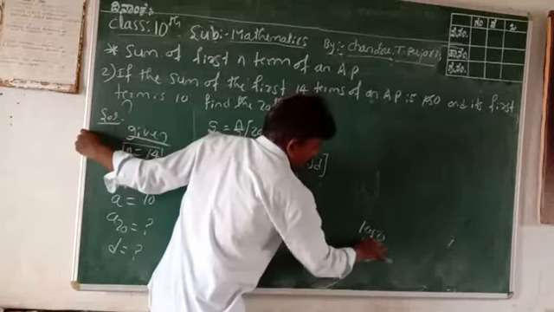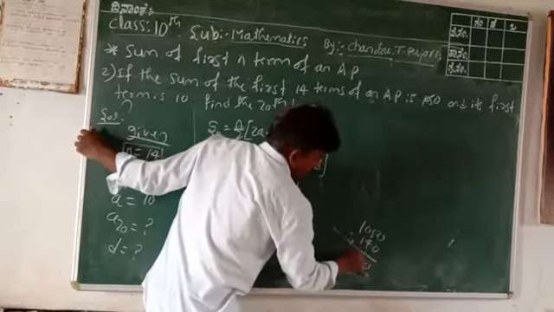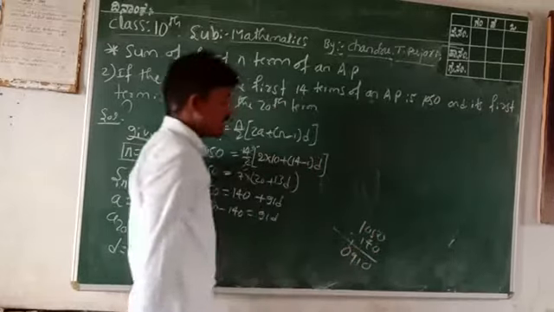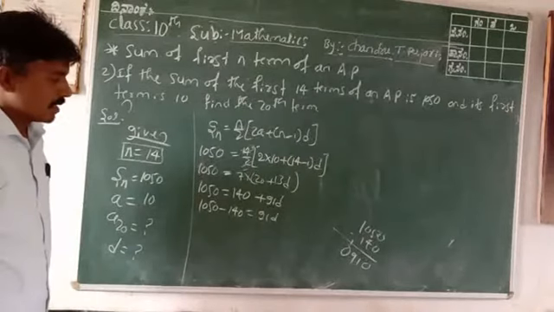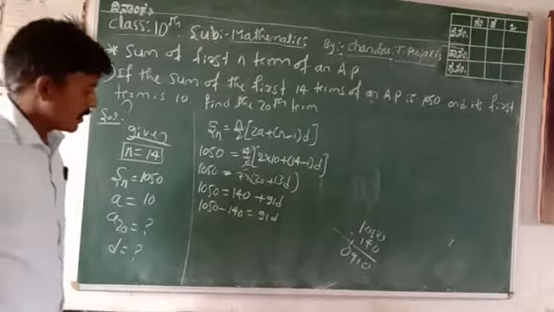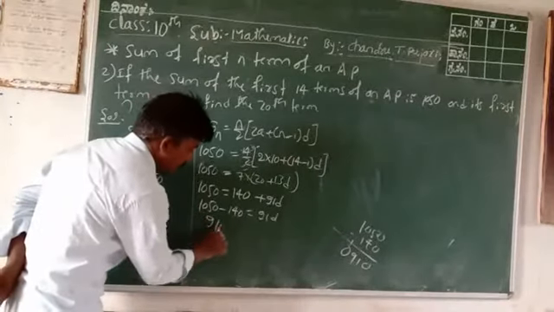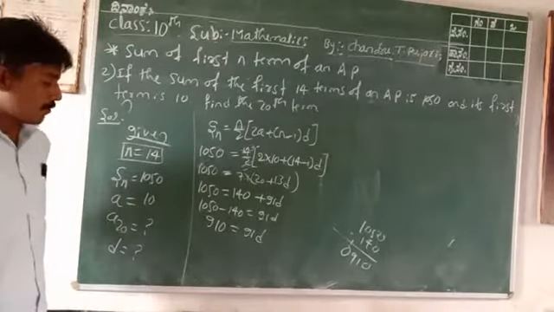1050 minus 140 is equal to 910. The answer is 910, which is equal to 91 times d. You can find out the d value.